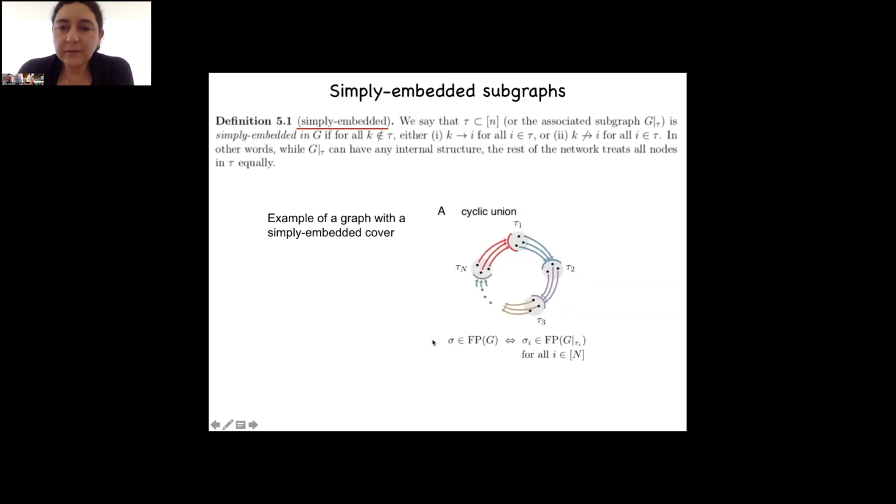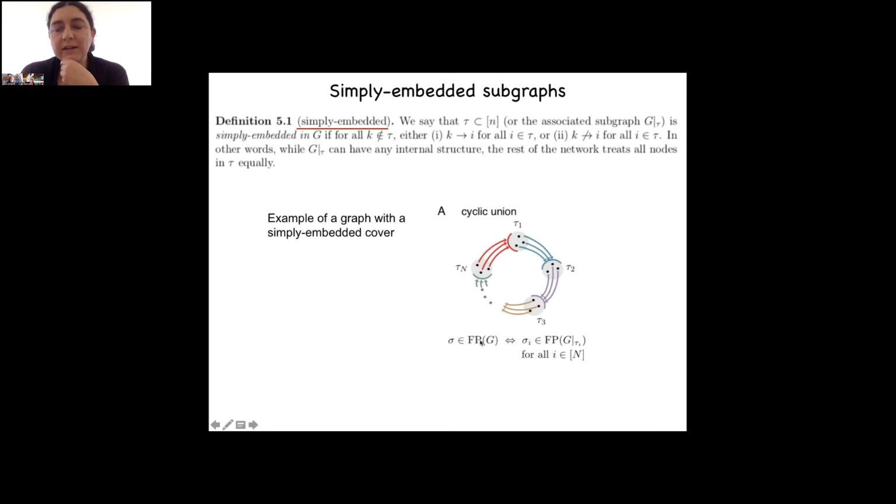And the theorem that we can prove in cases like this, which I think is rather remarkable, is that all the fixed points of the larger network are obtained by gluing together fixed points of the subnetworks. In other words, any sigma in FP of G, that is, a support of a fixed point for the full graph, is obtained as a union of sigma i's in FP of G sub tau i.